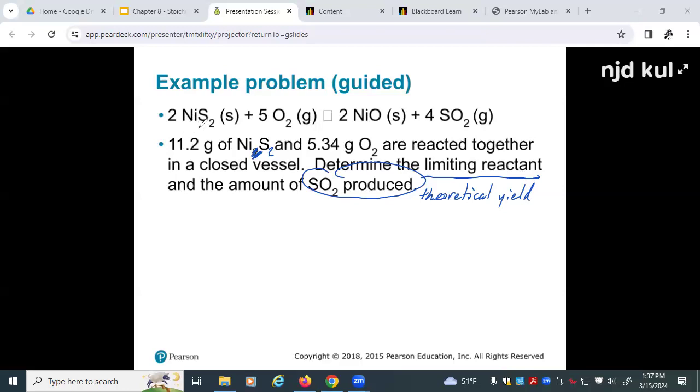So we've got two different calculations that we're going to do here. In the first calculation, we're going to turn the 11.2 grams of nickel sulfide into sulfur dioxide. So I need to turn it into moles.